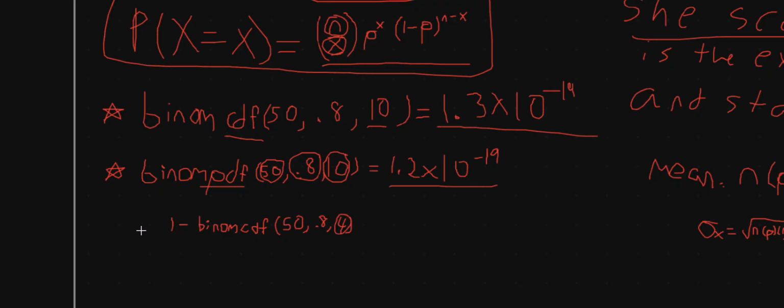So whenever they say at least, you have to remember this 1 minus part. Otherwise, you're going to just get this cumulative value of 4, 3, 2, or 1. You have to find at least getting 4. So that would be 4, 5, 6, 7, 8, 9.